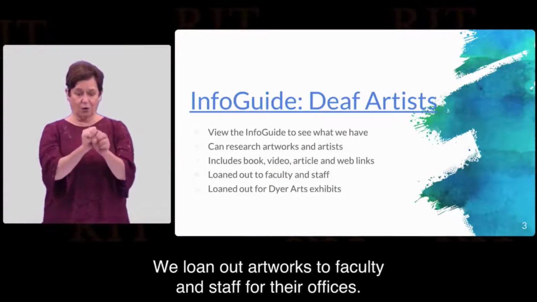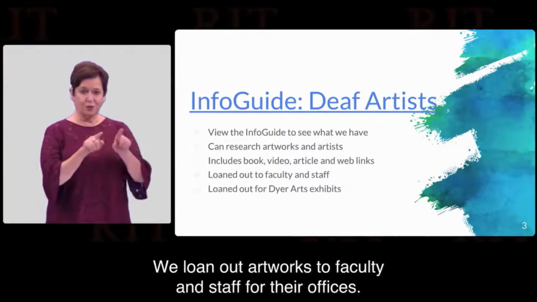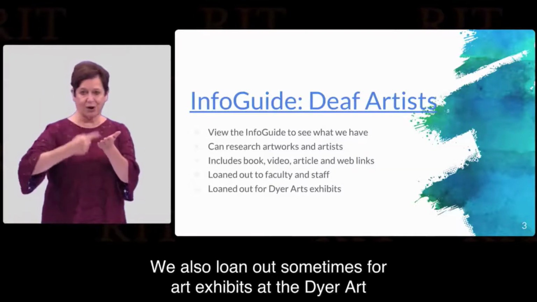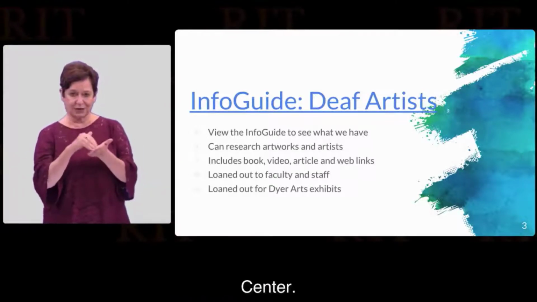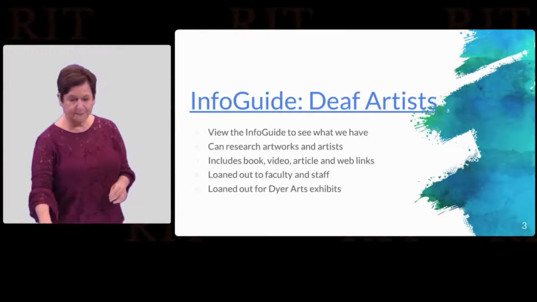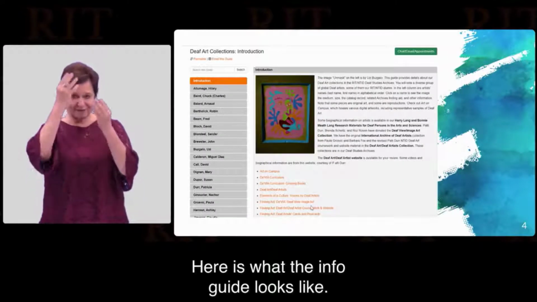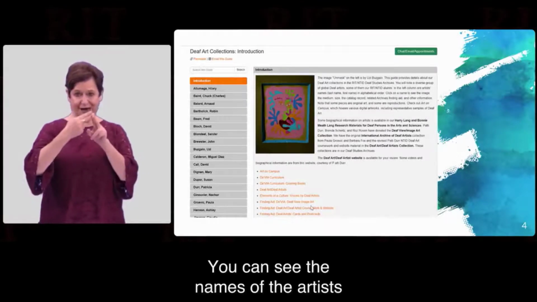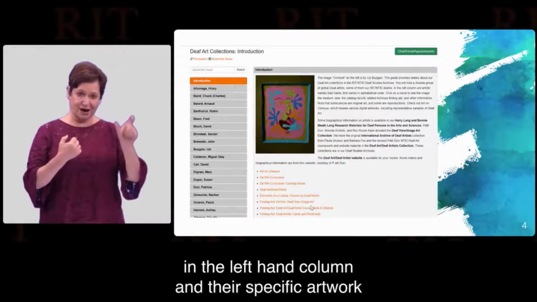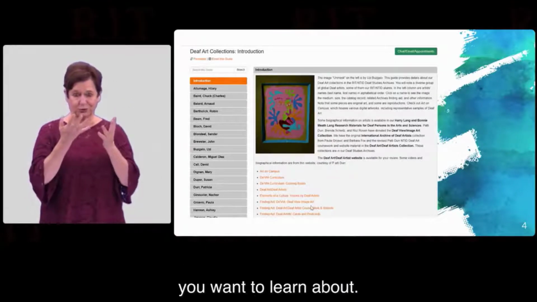We loan out artworks to faculty and staff for their offices. We also loan out sometimes for art exhibits at the Dyer Arts Center. Here is what the info guide looks like. You can see the names of the artists in the left-hand column and their specific artwork you want to learn about.